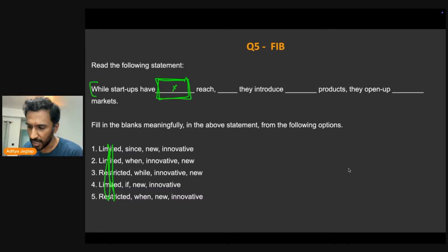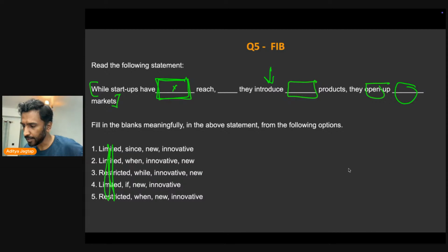But remember, all of this started with us reading and figuring out the sentence first. Dash they introduce. Now, since they introduce or when they introduce, we want something that will tell us that clearly they're introducing some new kind of products, and then they open up more markets. Correct?